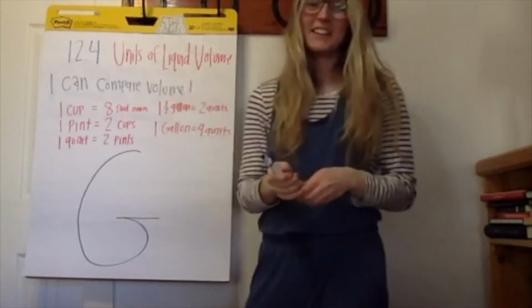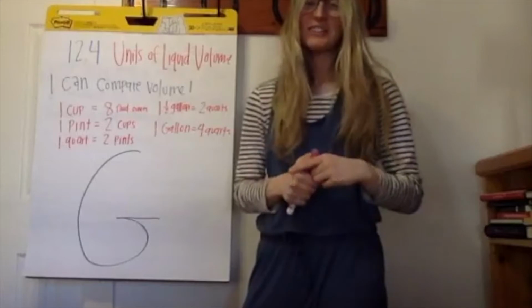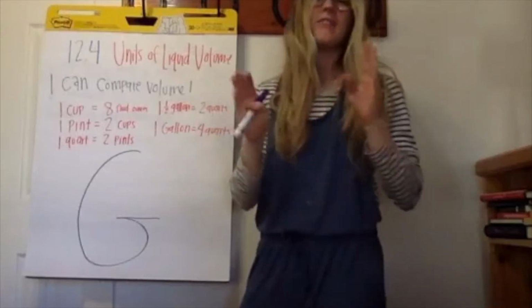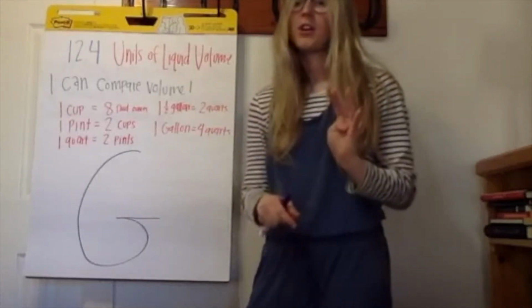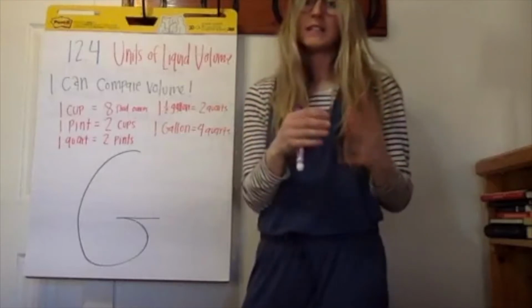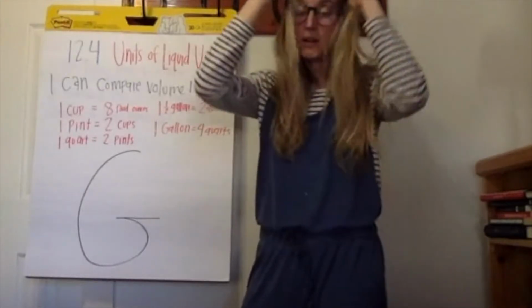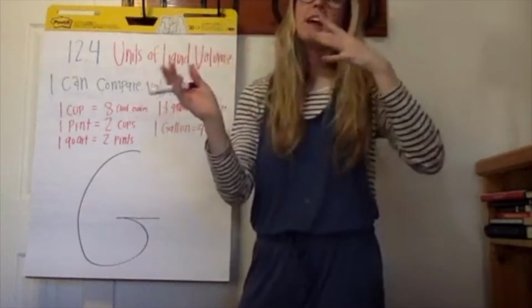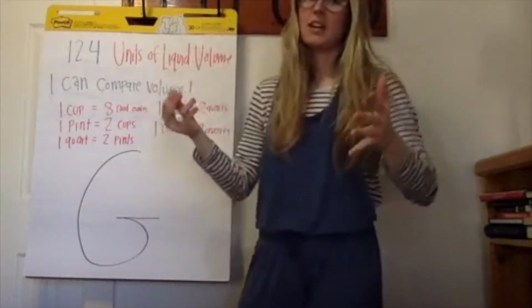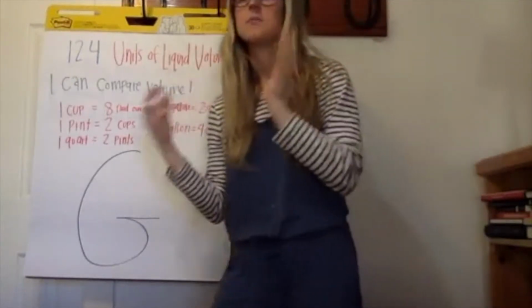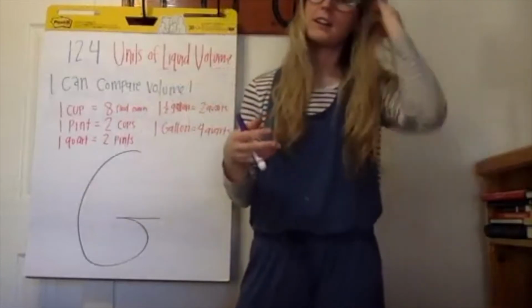Something I forgot to teach you in my other videos that I want to teach you. In 4th grade, we only go from big units to small units. That's why we multiply. But when you go to 5th and 6th grade, you're going to be doing small units to big units where you're going to need to divide.